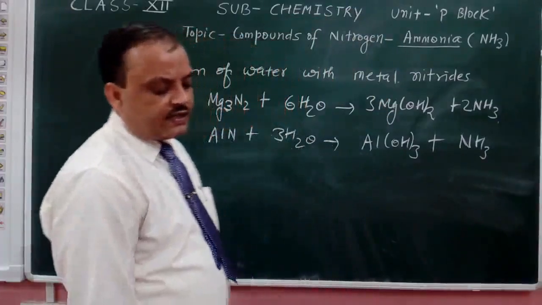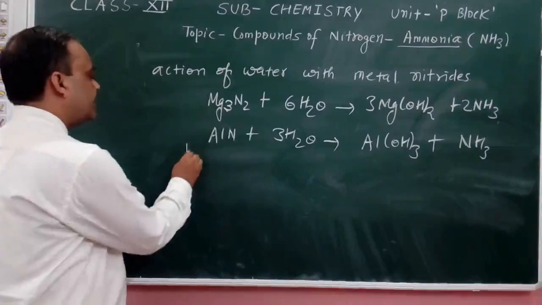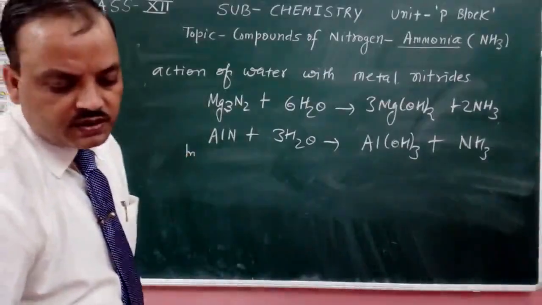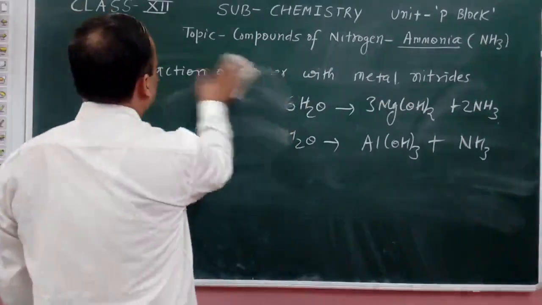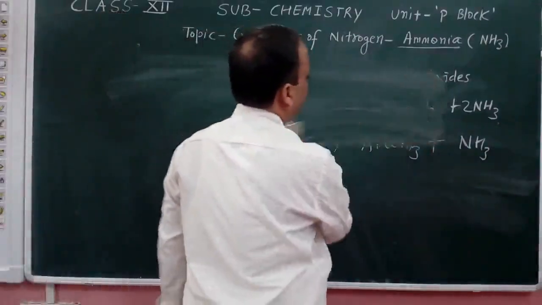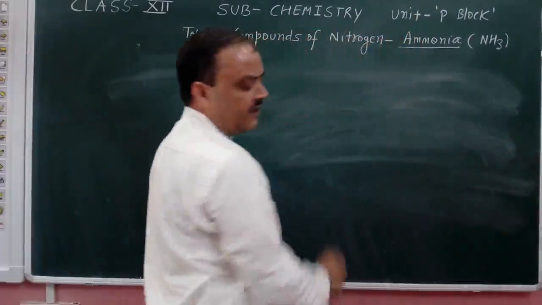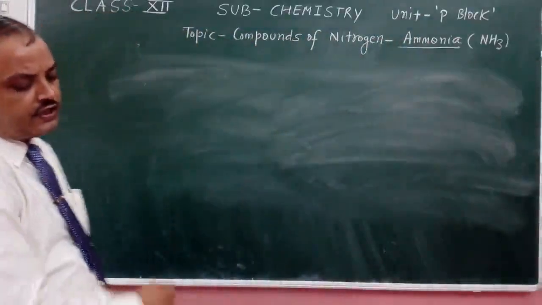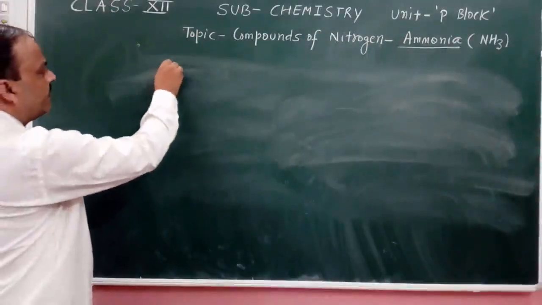Now we are going to discuss the industrial method of the preparation of ammonia, the Haber process.